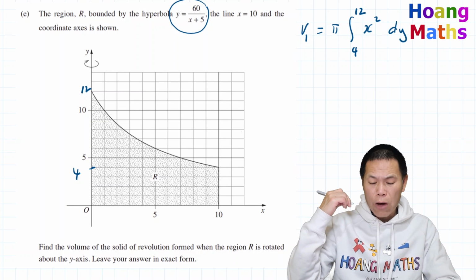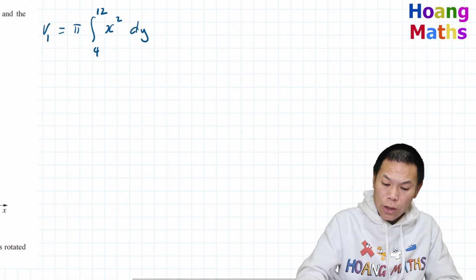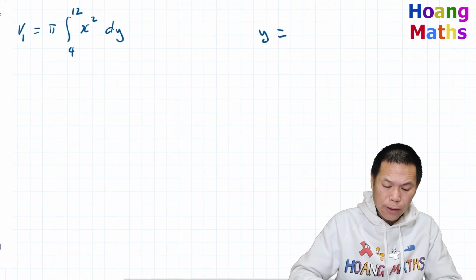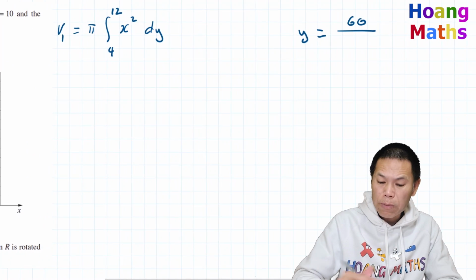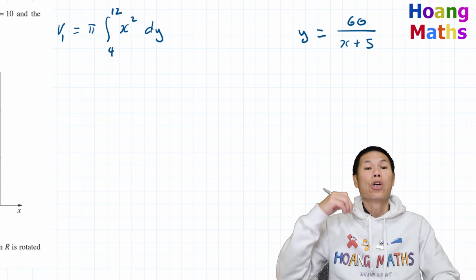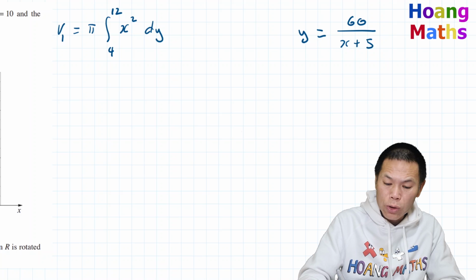And we need to work out the x squared at the moment. So let me just write on here. So y is 60 over x plus 5. So now we just solve for x first, okay? So we times x plus 5 on both sides.